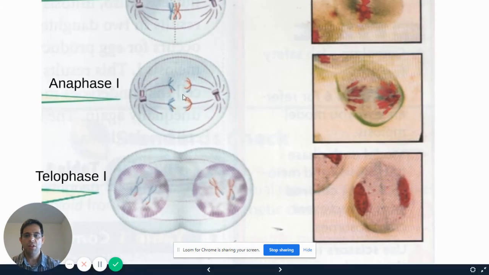Anaphase. Now you can see the difference after crossing over. You see the blue part exchanged a piece with the red part of the chromosome. The same happens here, the blue one with the red one, the red one with the blue one. So that crossing over guarantees that we are different from each other. All right. The anaphase is when the chromosomes are dragged to the edge of the cells.